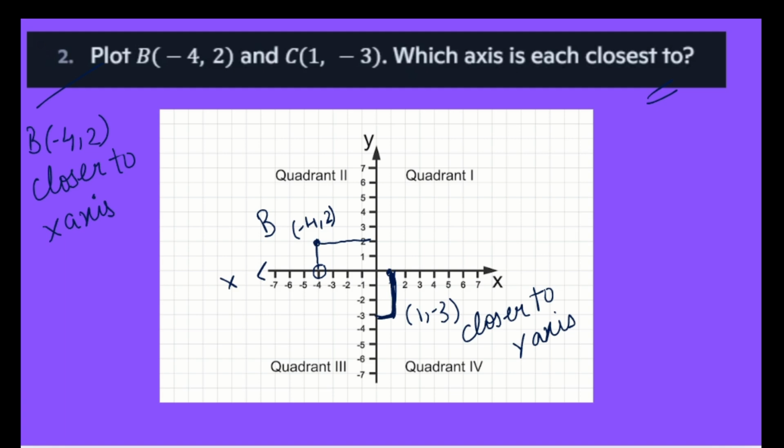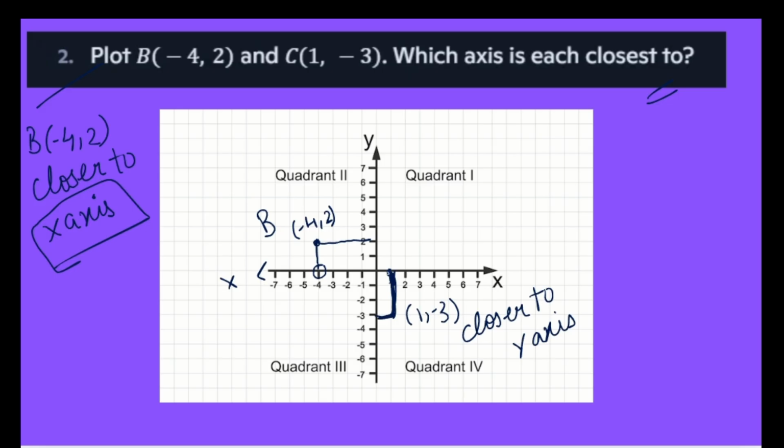So here at -4, you are moving 4 units from the vertical y-axis and 2 units from the x-axis. So basically it is closest to the x-axis. Here, go right 1 unit and down 3 units.